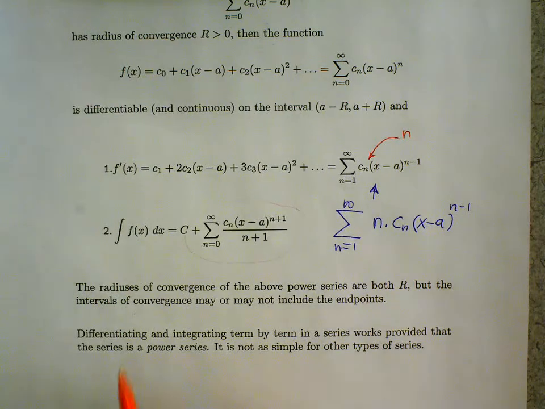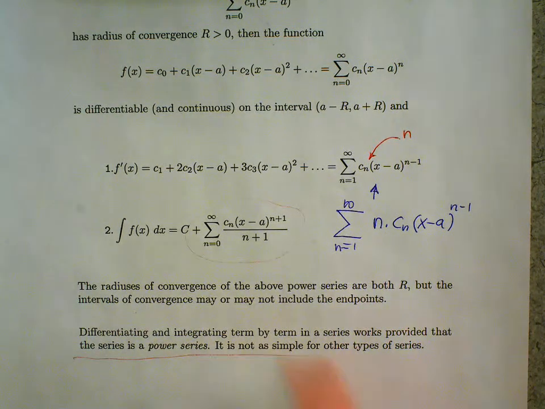And so here's just a reiteration of what I mentioned earlier. Differentiating and integrating term by term in a series works provided that the series is a power series. For other types of series, it's not as simple as for power series.